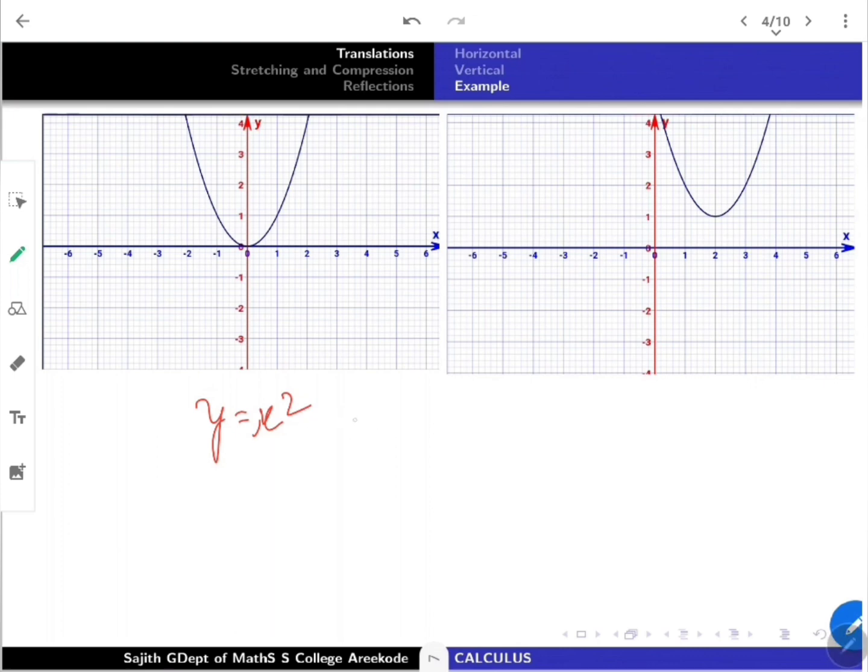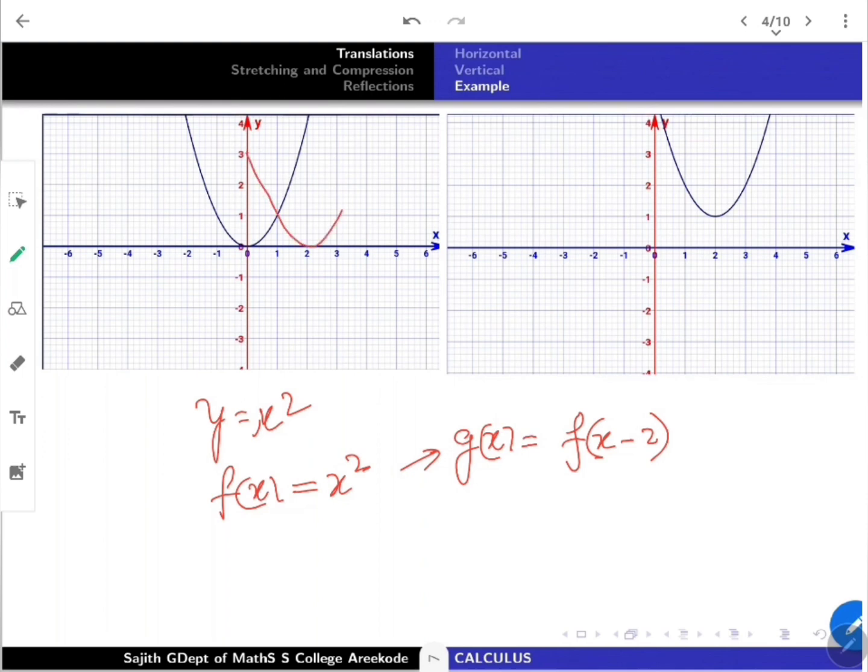The first function is f of x equals x square. Suppose I make a rule g of x, which is f of x minus 2. Then obviously the whole graph is shifted 2 units right. This is what's going to happen.